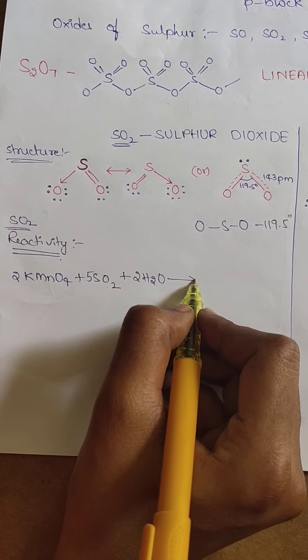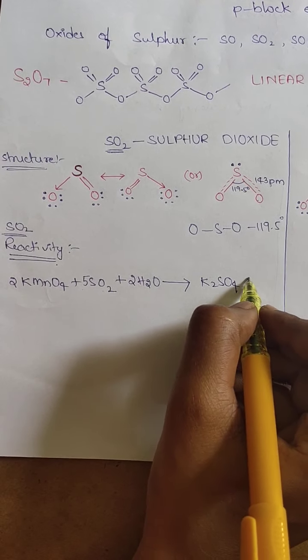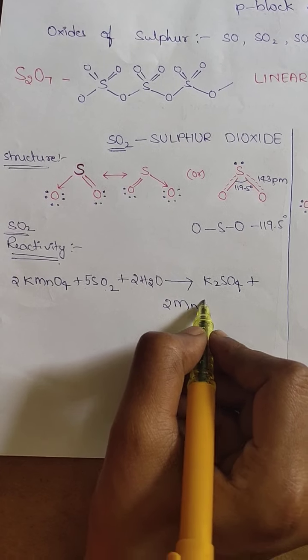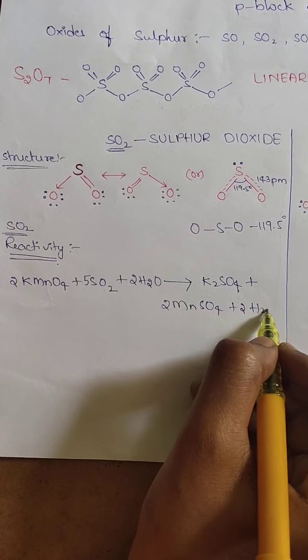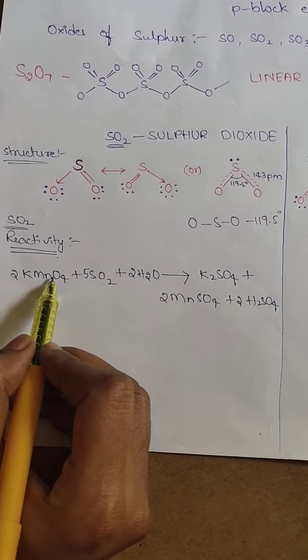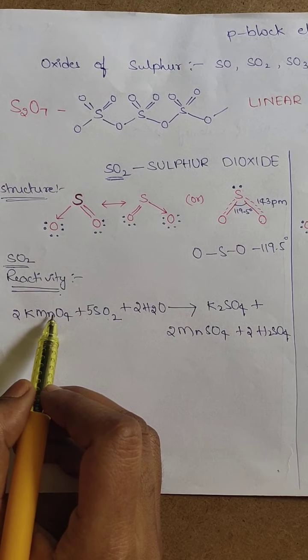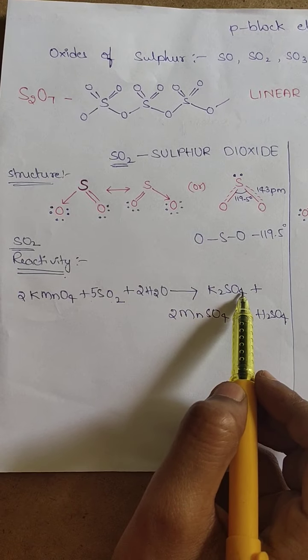Then we get K2SO4 plus 2 moles of MnSO4 plus 2 moles of sulfuric acid. Here, sulfur dioxide reduces the acidified potassium permanganate.